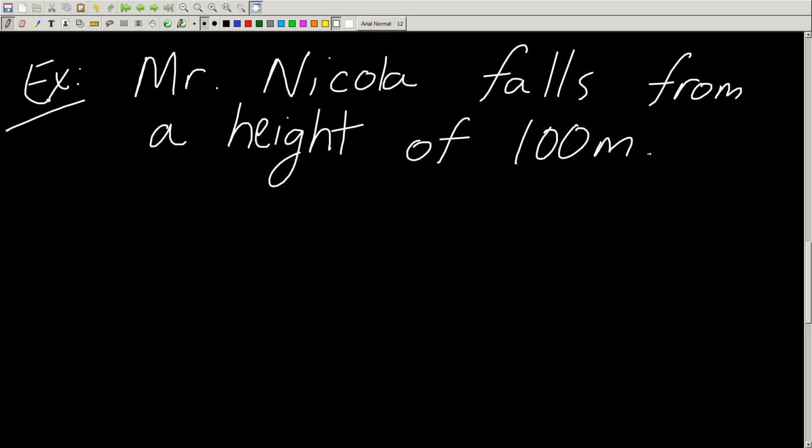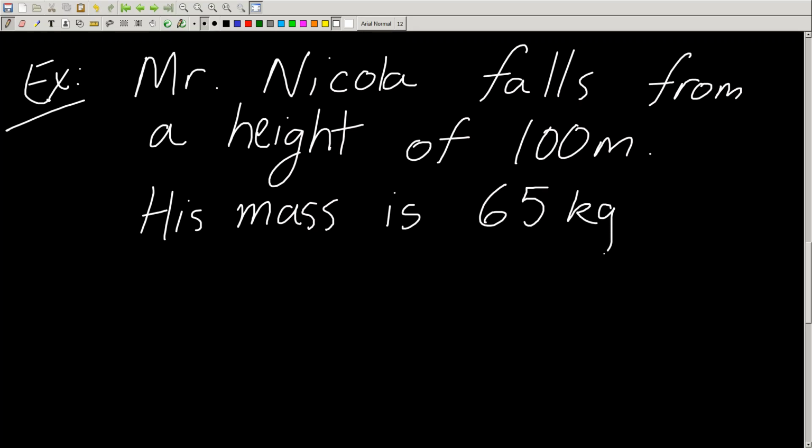He falls from a height of 100 meters. His mass is, how massive am I? Well, I just had a Big Mac. Okay, let's say 65 kilograms. That's my mass in SI units.